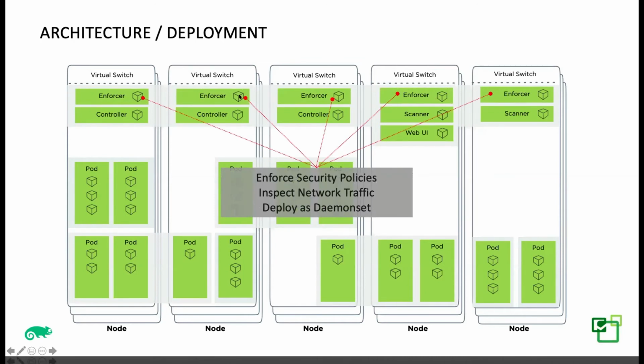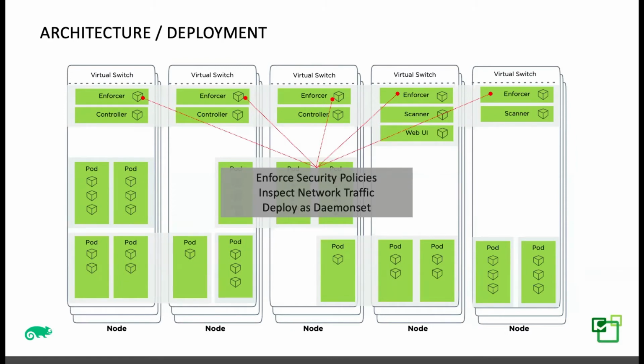The real workhorse of NeuVector, I should mention, is the enforcer. The enforcer is a daemon deployed as a daemon set. So anytime you scale up the number of nodes in your cluster, Kubernetes will put another enforcer on that node. The enforcer is going to do all the packet filtering, all the network inspection, the network protections, and monitoring of all the process and file activity on every node, all the containers of that node.